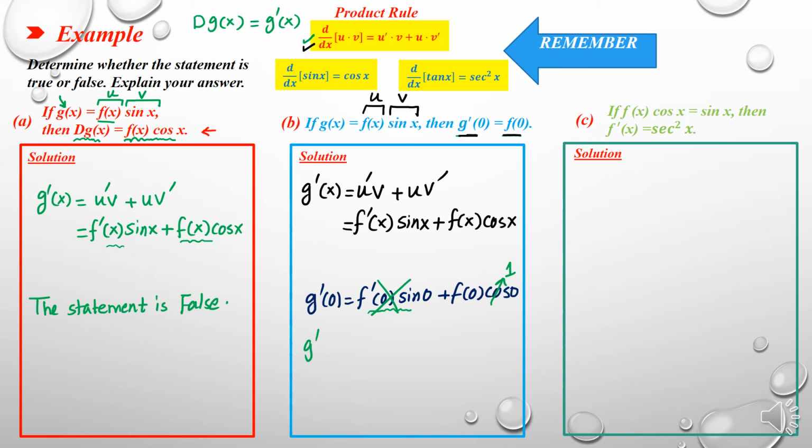So g prime of 0 equals f of 0 multiplied by 1, which is f of 0. So the statement here is true.